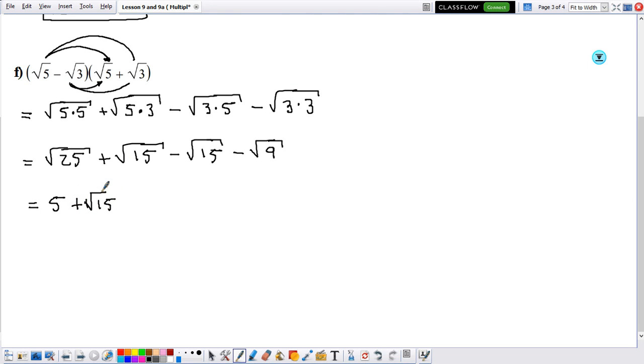We can leave this as negative square root of 15 minus the square root of 9. This is 3. But now notice here that we have square root of 15 minus square root of 15. Anytime you subtract anything by itself, it's always going to cancel out. So now we essentially have 5 minus 3, which is just 2.